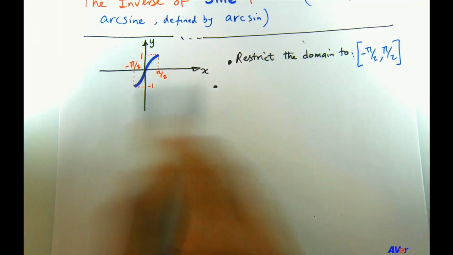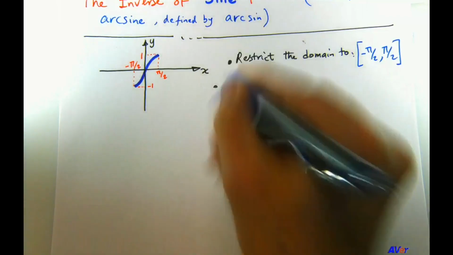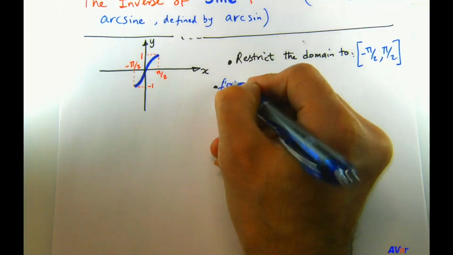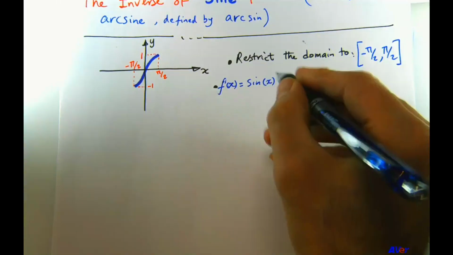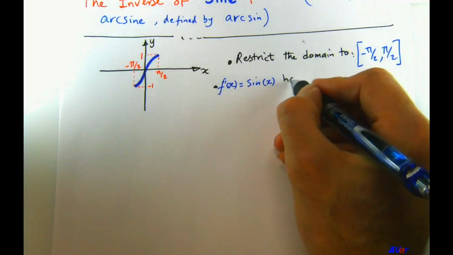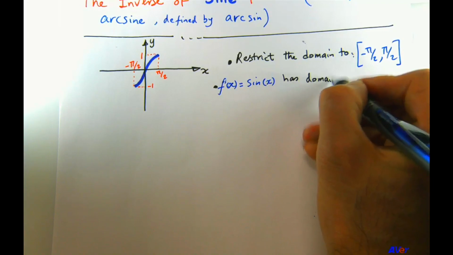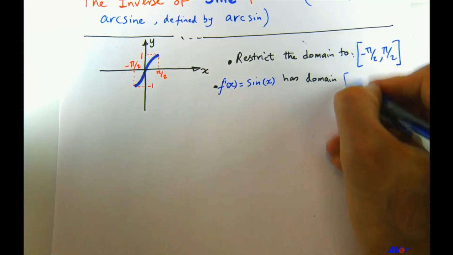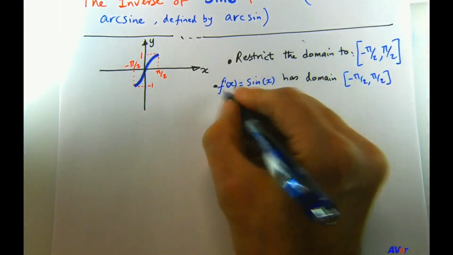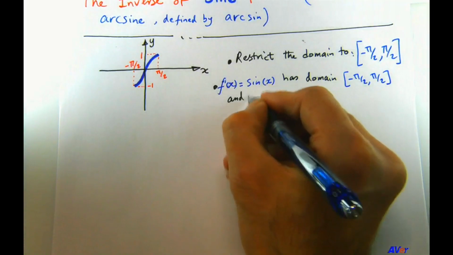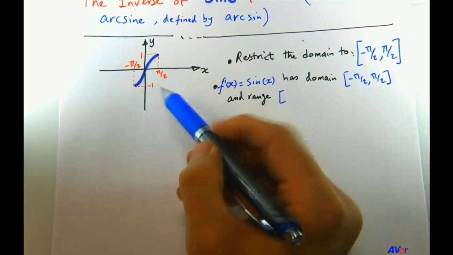So over here, if we restrict the domain to this, then notice the notation. f of x equals sine of x has domain minus pi over 2 comma pi over 2, and range... can you see what the range is from the graph?